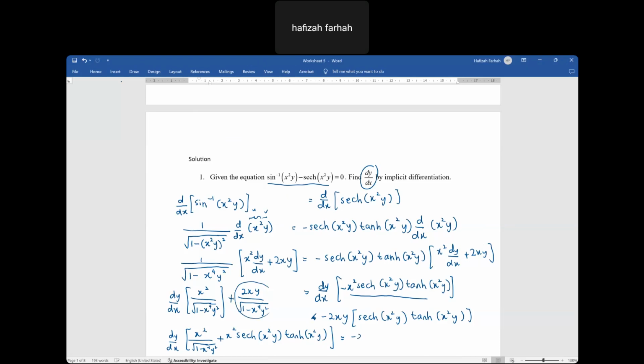So I get negative 2xy secant hyperbolic of x squared y tangent hyperbolic x squared y, and it becomes plus 1 over square root of 1 minus x to the power 4 y squared.